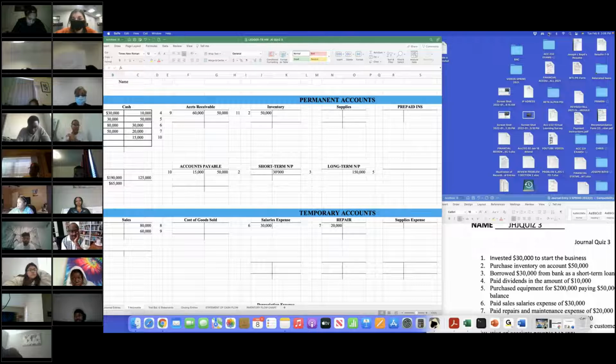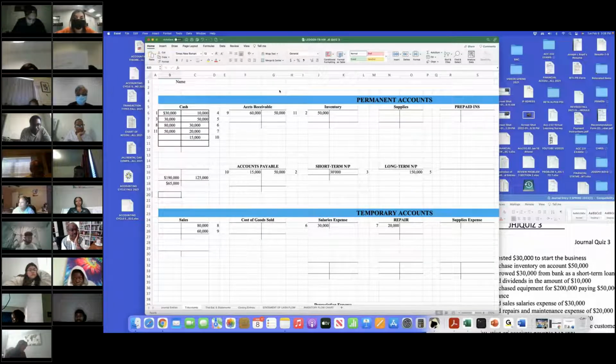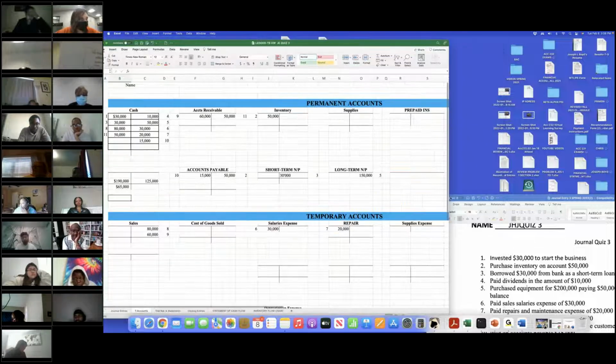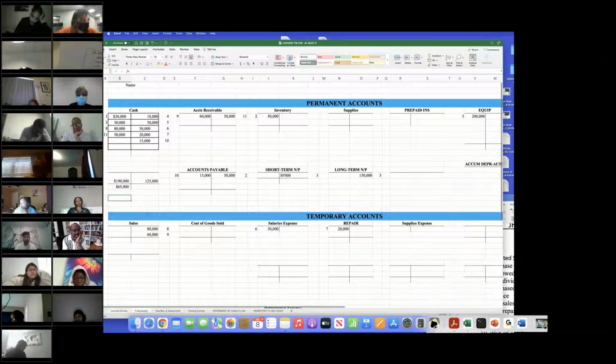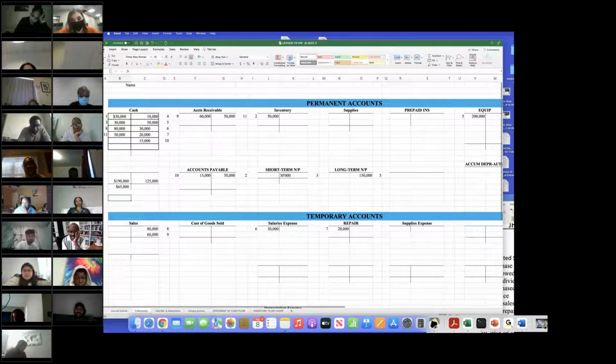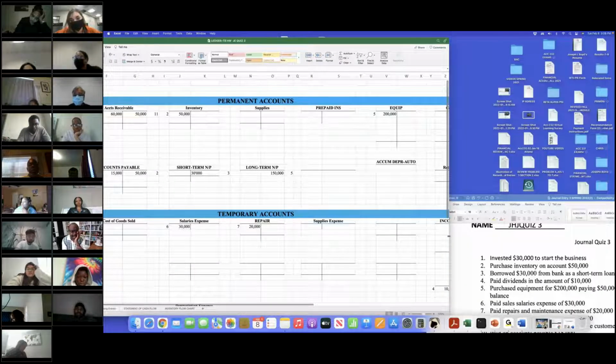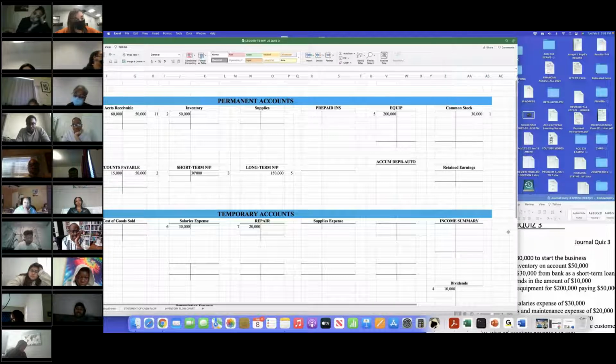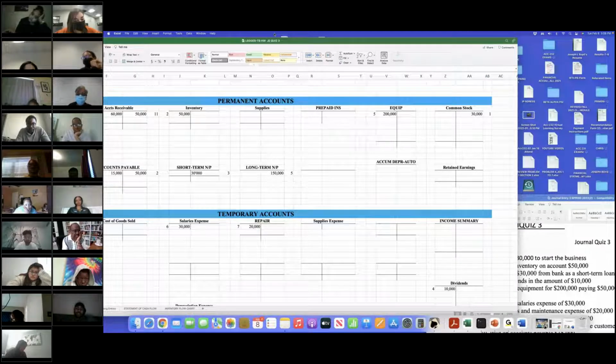Everything is posted. And you're going to put the accounts in cash, receivables, inventory. Then you're going to come to accounts payable, short-term note, long-term note. You got to put equipment in too. So after receivables will be equipment. So you're going to keep them in that order as they are in the chart of accounts. Then common stock, then the revenue and the expenses.